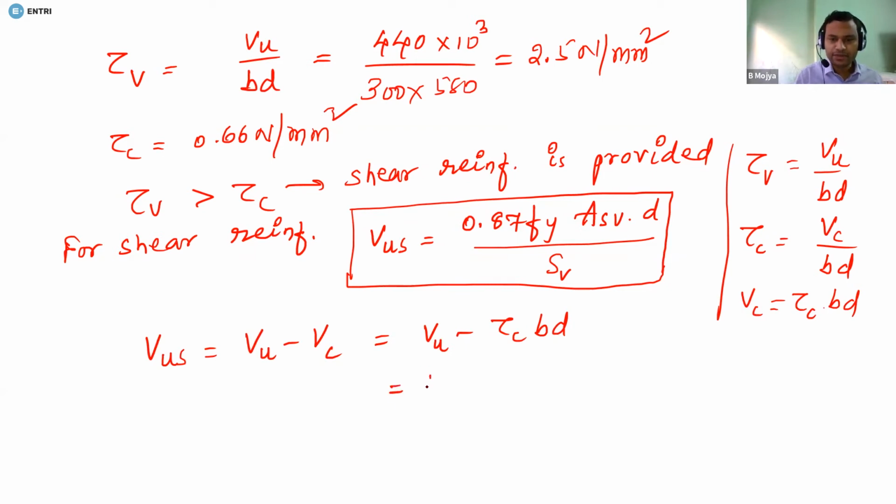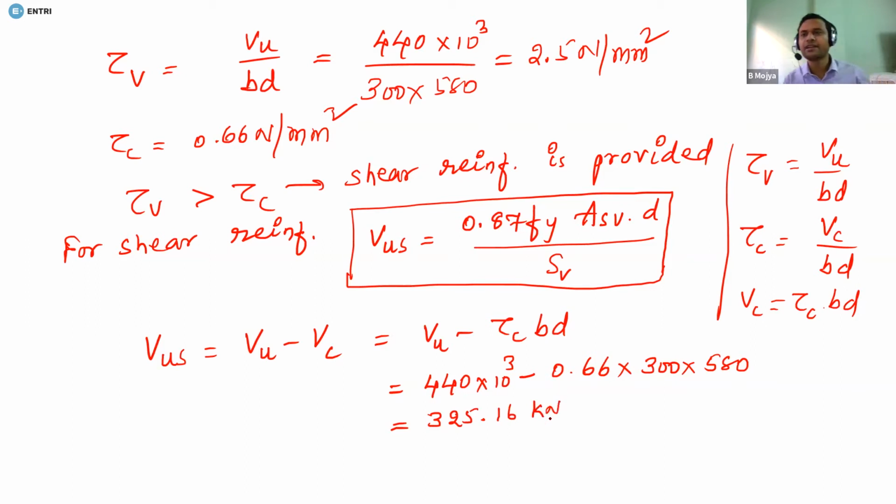What we can do is substitute VU as 440 into 10 to the power 3, because I'm converting into newtons, and tau c is given as 0.66. B is 300 and D is 580. So we need to simplify this. Upon simplifying, it will be 325.16 kilonewtons.